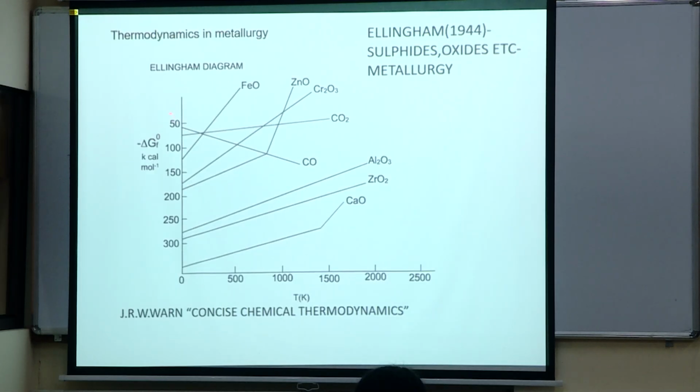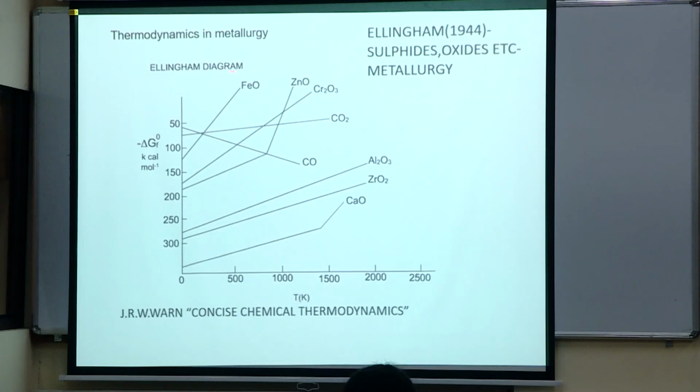Standard free energy change. What is F? Formation. Gibbs free energy change in formation of these oxides as a temperature. Sir, why are you giving this now? Because we can now tell a reaction will it occur at 1000 Kelvin when you have these combinations of oxides. I will go to the next slide and show that.